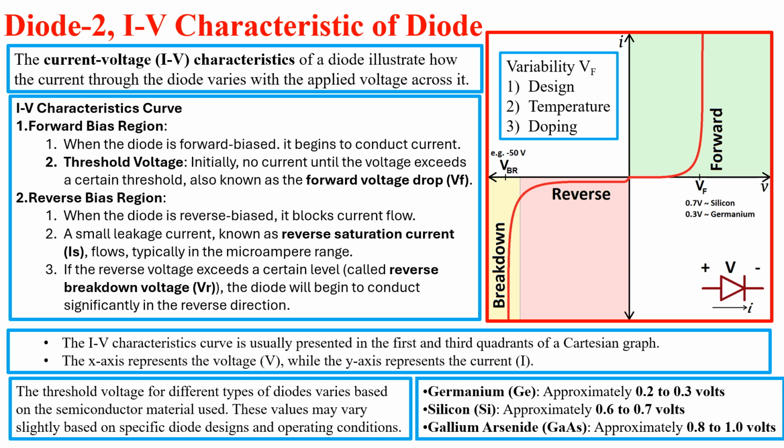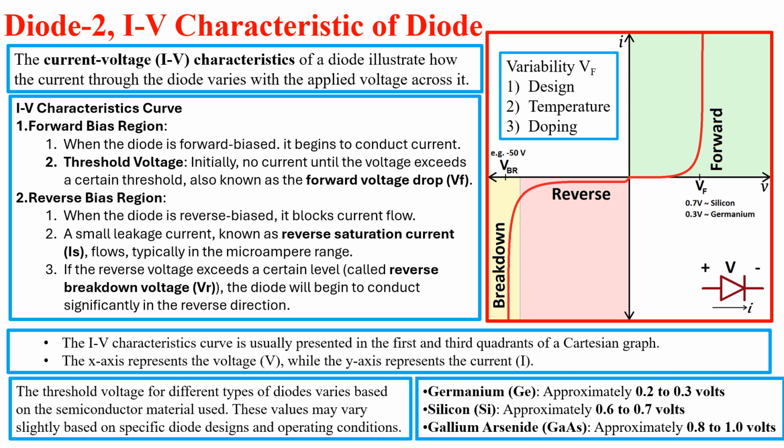For germanium-based diodes, the threshold voltage is approximately 0.2 to 0.3 volt, and germanium diodes have a very low forward voltage drop compared to silicon diodes as well as gallium arsenide based diodes.